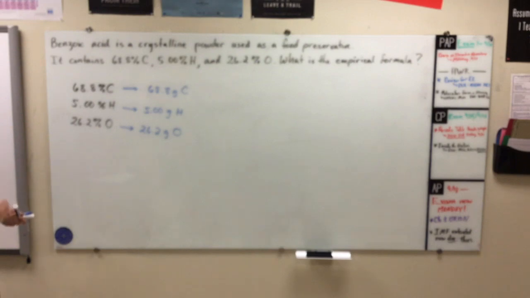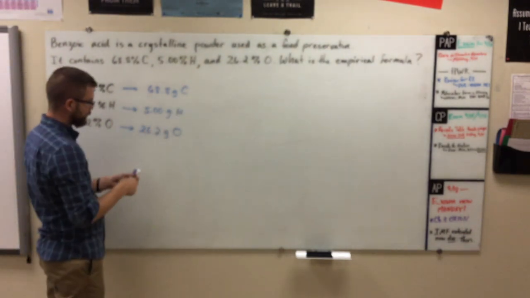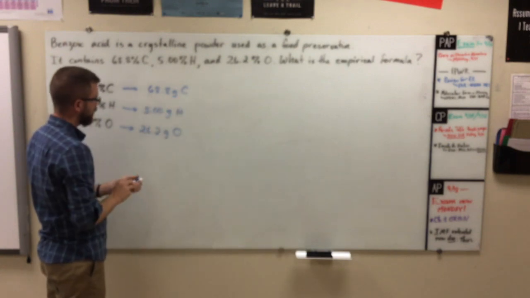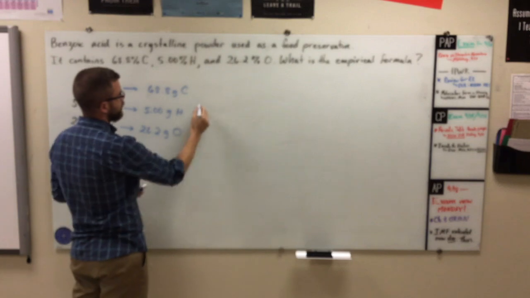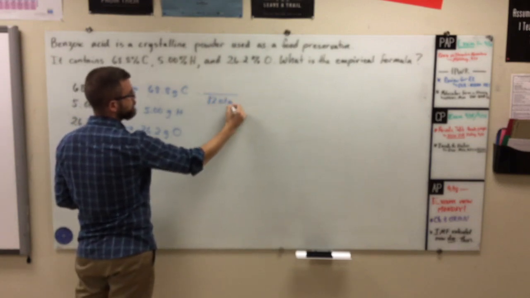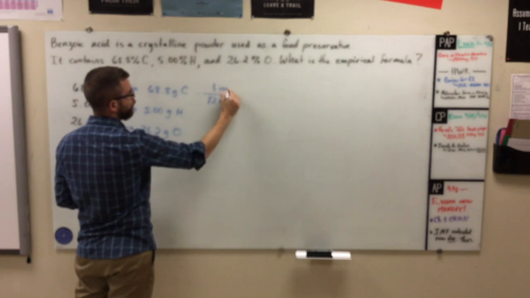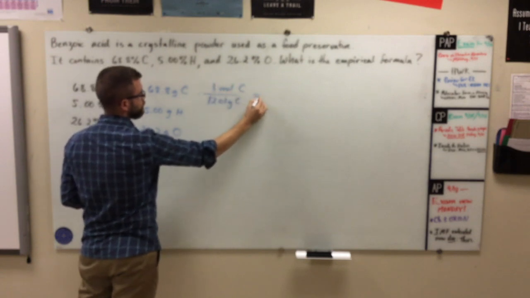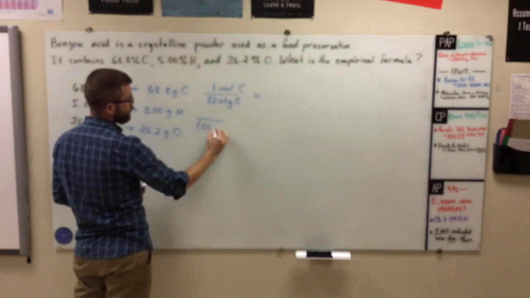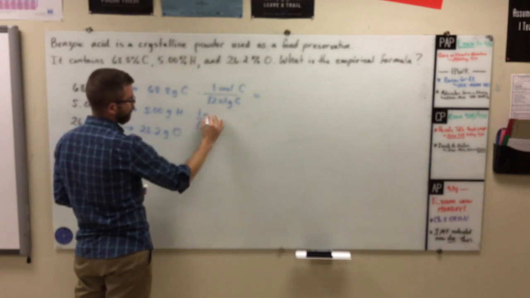And so then we're going to take these and convert them to moles. Just as we said before, that's our goal, to get to moles, the count of something. And for us to do that, this is as straightforward as it may come. We're going to simply divide by molar mass in each of these cases. For carbon, there's 12.01 grams of carbon for every mole of carbon. For hydrogen, there's 1.01 grams of hydrogen per mole of hydrogen.